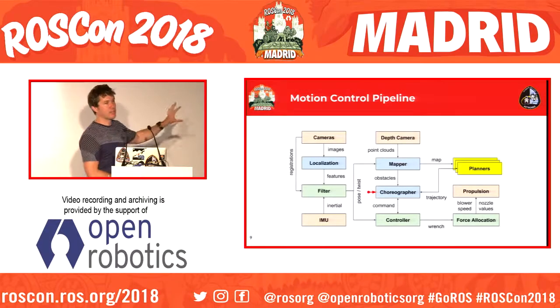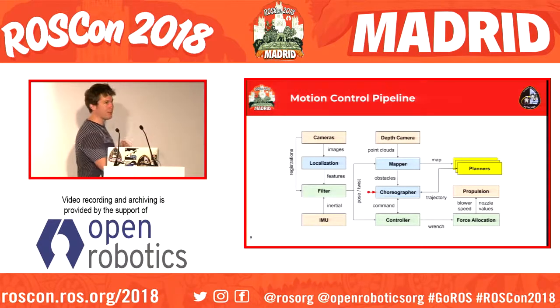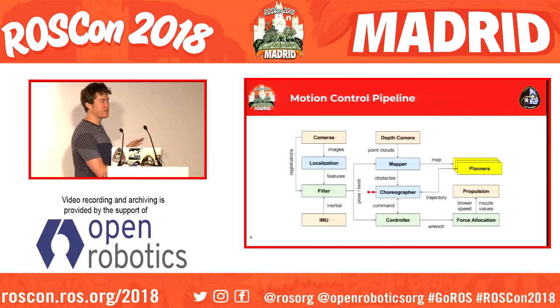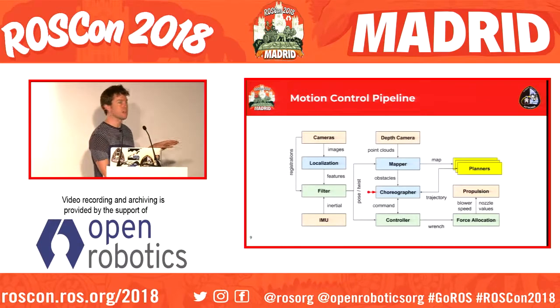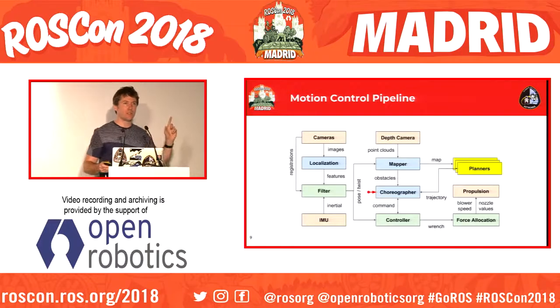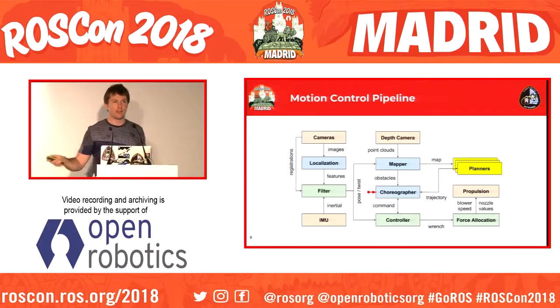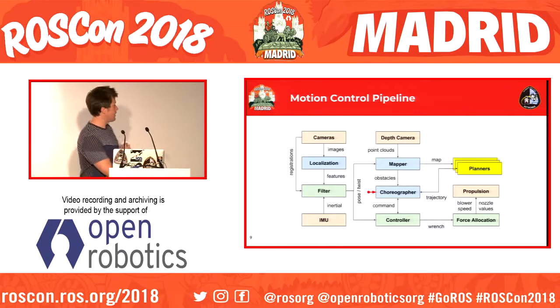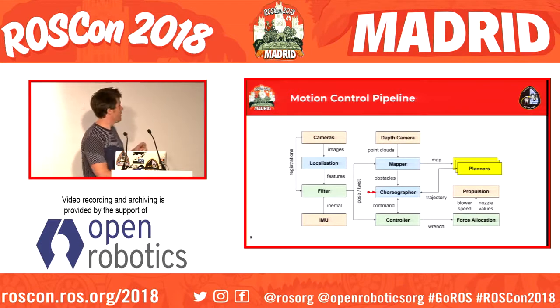Now, localization I'm going to deal with in an entirely different slide because we've got several different pipelines, but I can reduce the complexity of the localization system to a set of registration pulses and features. The reason we do this is there's a large latency between acquiring an image and getting the features out of that image. So our filter's a neat filter. It's an augmented state Kalman filter that takes into account this delay and essentially does statistics subject to this delay.